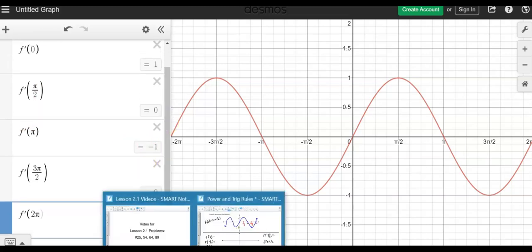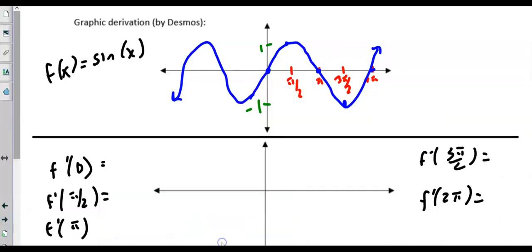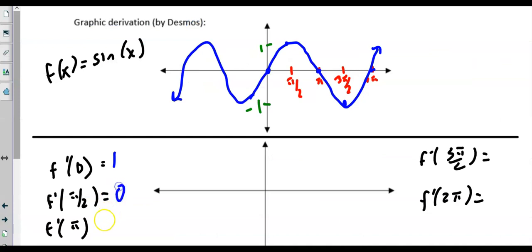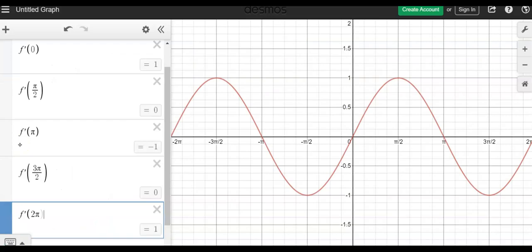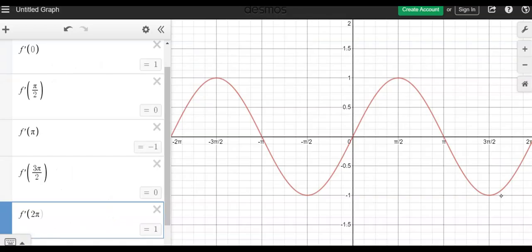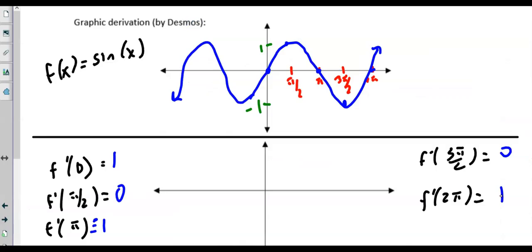Again, you should have written those down already. So f prime of 0 is 1. F prime of pi over 2 is 0. And f prime of 3 pi over 2 is 0. Oh, I messed up. Don't worry, I got it. Okay, I think that's correct. Yes, it is. So let's plot those.